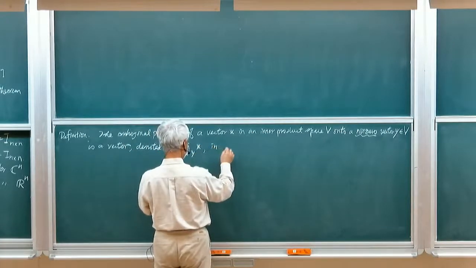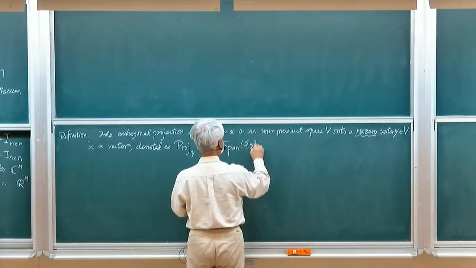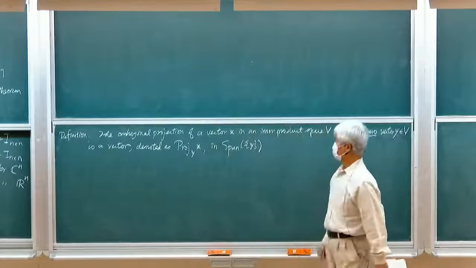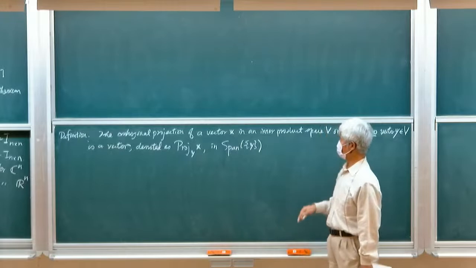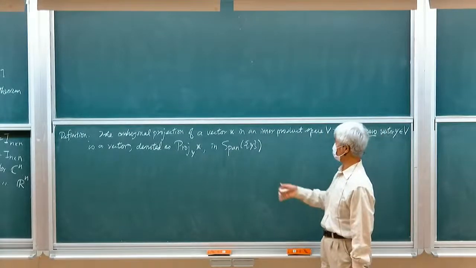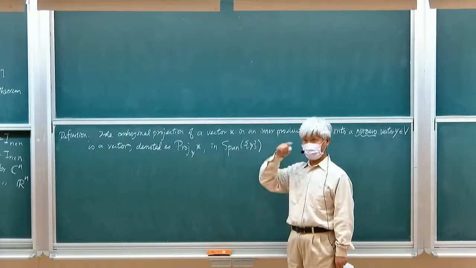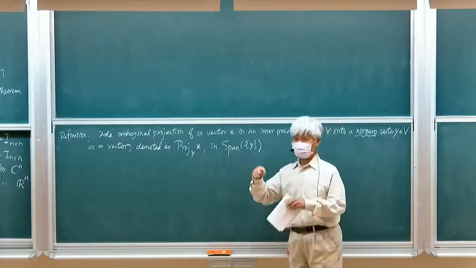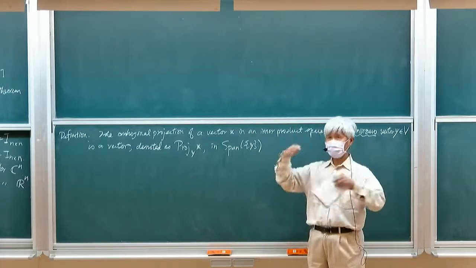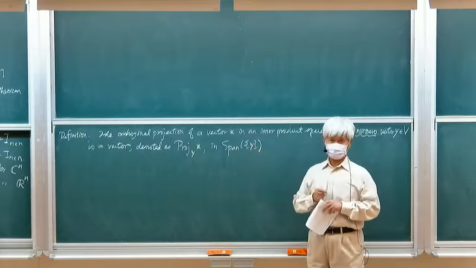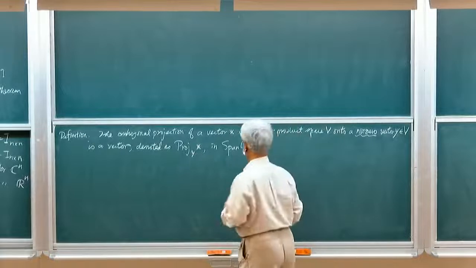It's a vector in the span of y, so the projection of a vector x will be parallel to this non-zero vector y. Being in the span means that all the vectors in the span of y are parallel to the vector y. So parallelism is a geometric concept.